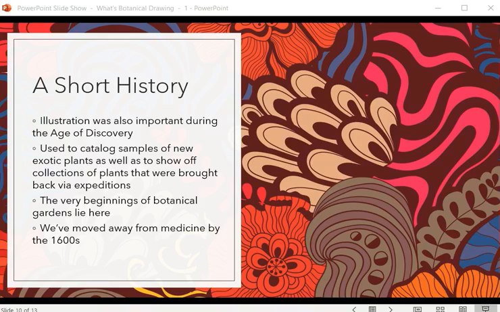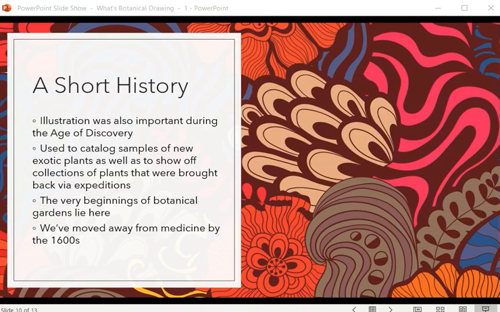Botanical illustration and art were also important during the Age of Discovery. Explorers, as they went to new places, collected samples of plants and brought them back. Some even brought illustrators with them. Botanical illustrations were used to catalog samples of the new exotic plants, as well as show off collections of plants that were brought back via expeditions.